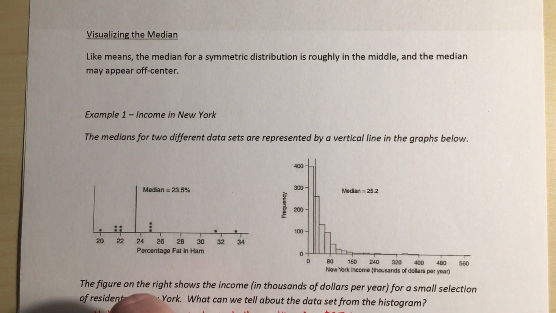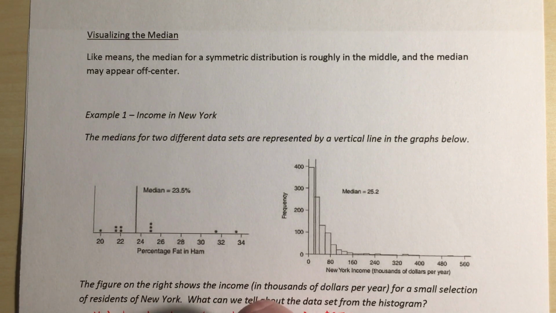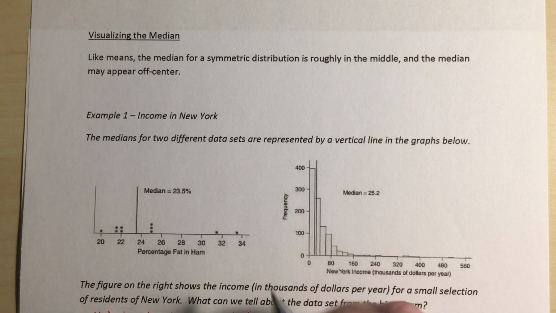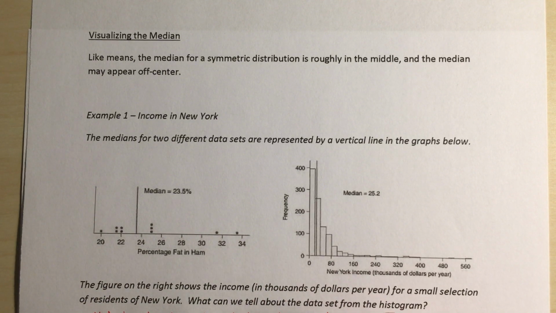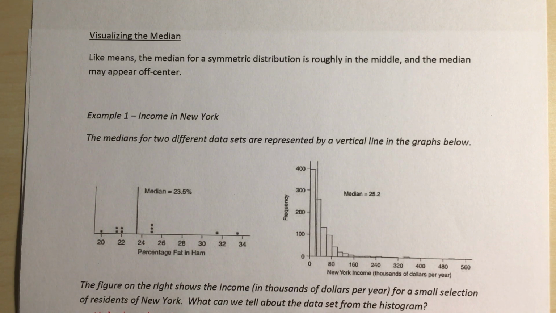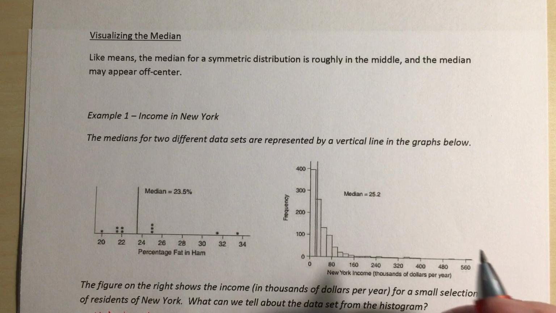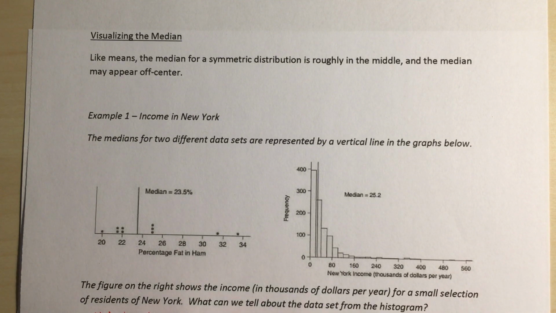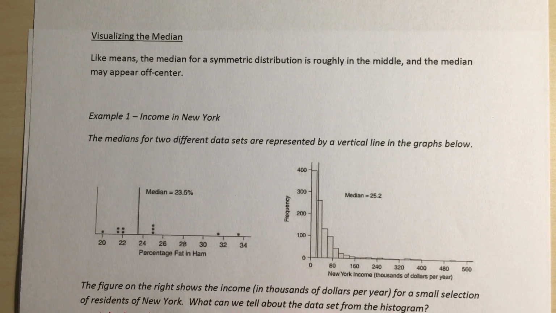We're also going to say this means that half the residents make below $25,200, because that's our halfway point, and half the residents make more than $25,200.